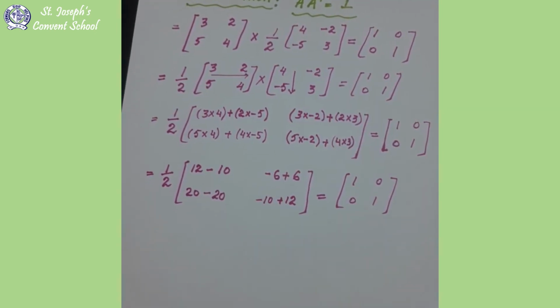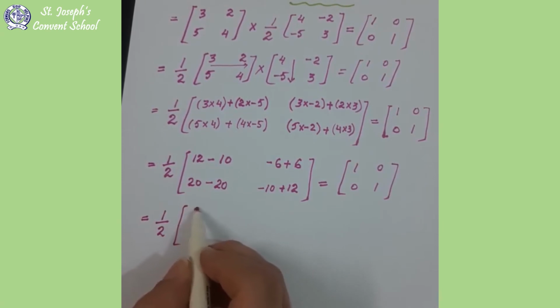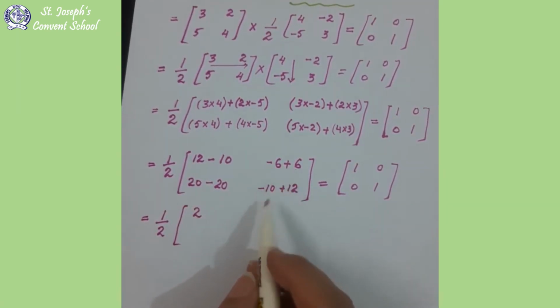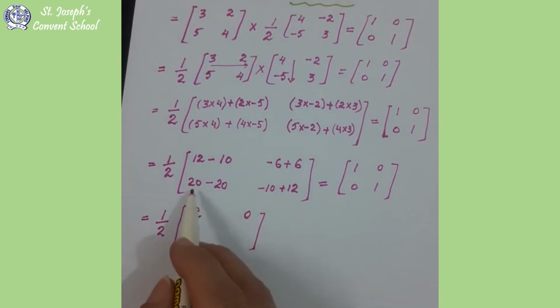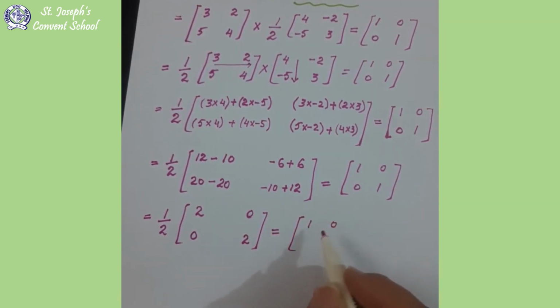Now you can simplify it. 1 upon 2 as it is. 12 minus 10 is 2. Minus 6 plus 6 is 0. 20 minus 20 is 0. Minus 10 plus 12 is 2. Equals 1, 0, 0, 1.